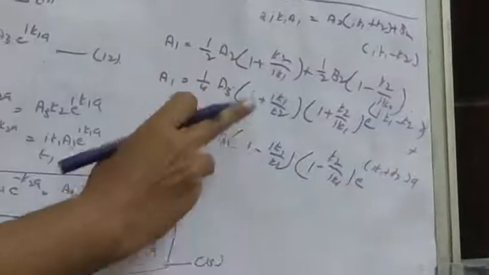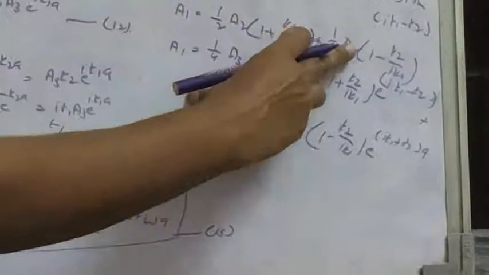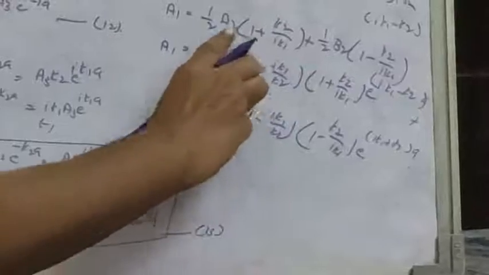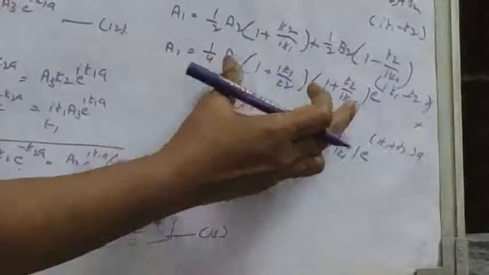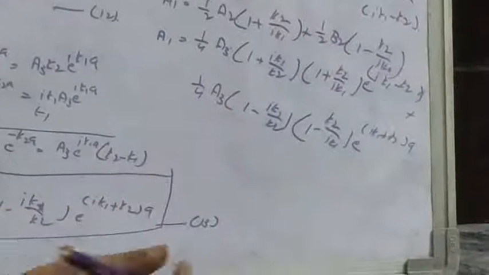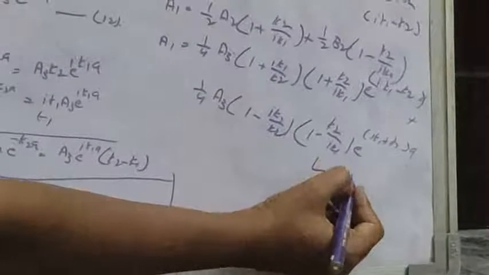So by substituting the values of A2 and B2 in this equation, we get A1 as the sum of these two terms. Consider this as equation number 15.